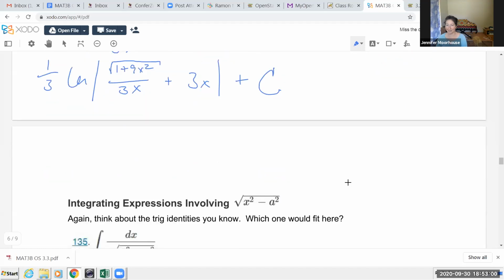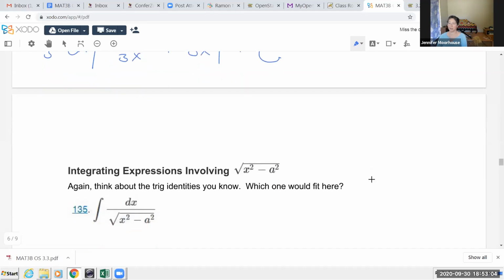Okay. So then the last type is where you have, so this looks a lot like the first one, but it's a little bit different. The very first type was an a squared minus x squared. Here it's just reversed. You have the x squared first minus the a squared.